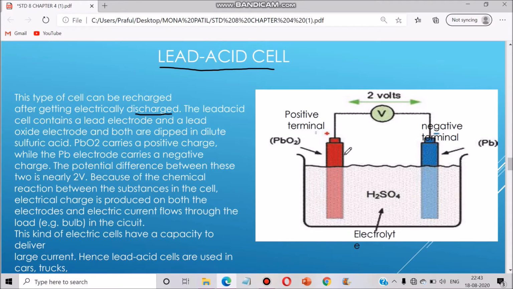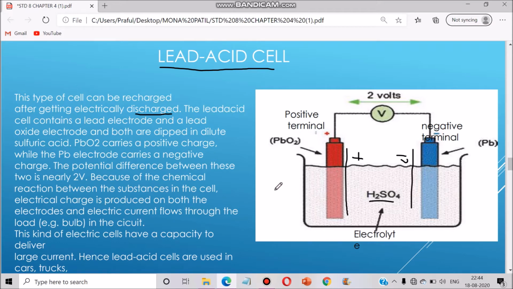Here you can see, this is the electrode of lead oxide and it acts as the positive terminal. Here is the negative terminal, which is lead, and the solution given here is H2SO4, that is sulfuric acid.